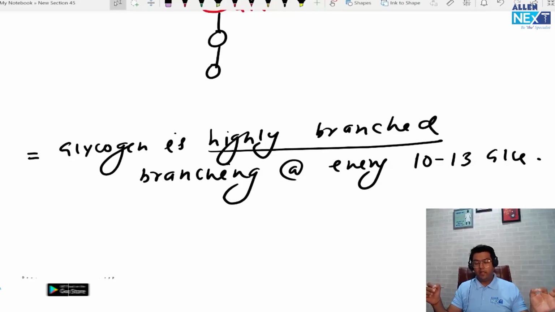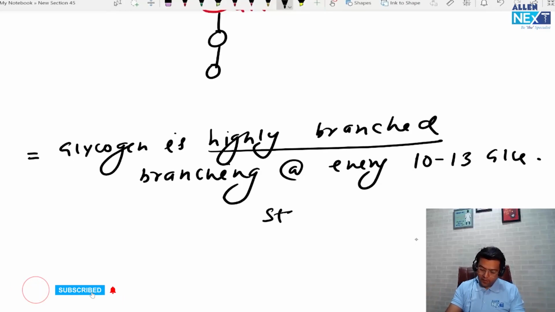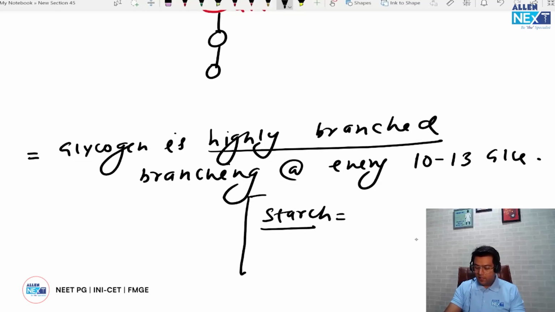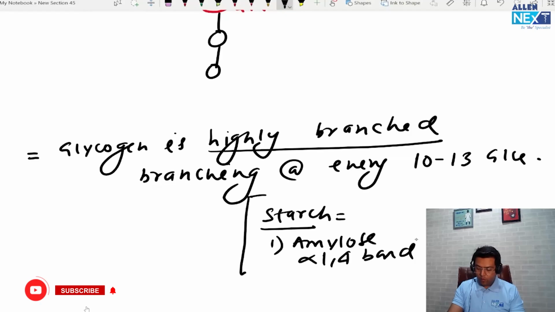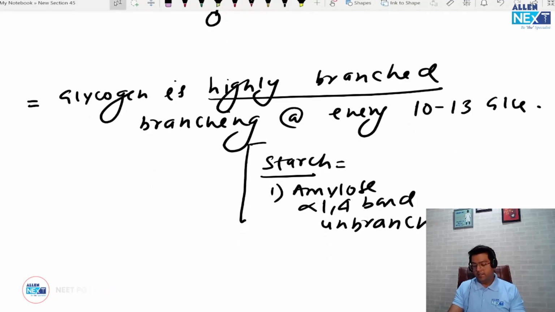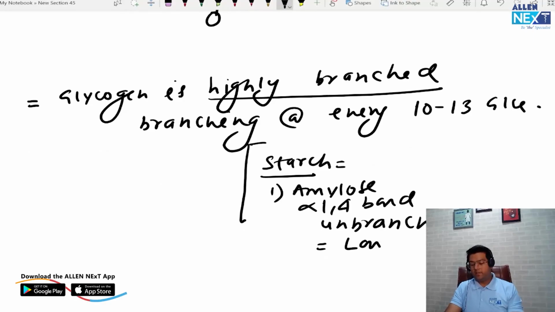Just a quick revision: guys, amylose only has alpha 1,4 bonds, and it is unbranched, right? So that is linear. Because of this, it cannot be digested easily, and that's why it has a low glycemic index. Okay. So the glycemic index of amylose is very low.